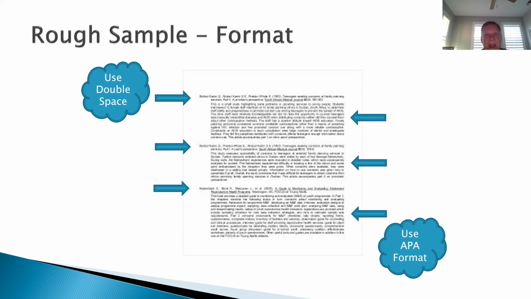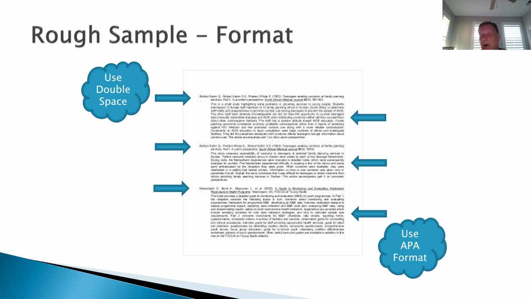It's a little wacky, for lack of a better term, in that your journal titles will appear in italics. So remember to italicize your journal titles. And then for your article titles, every word of the article title does not need to be capitalized.